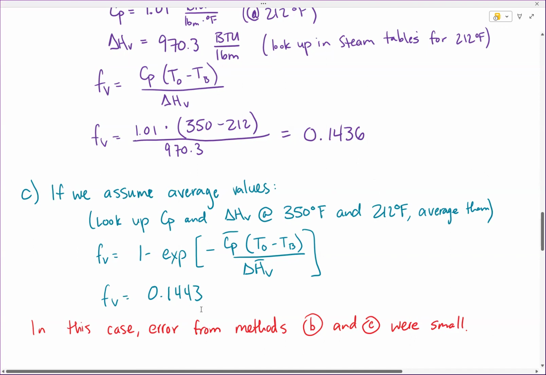So in this specific case, the errors that we get by assuming either constant heat capacity or average heat capacity are small. Keep in mind that this is not generally the case, and even though it may be acceptable to make these approximations, you should always be clear and state your assumptions up front, always.